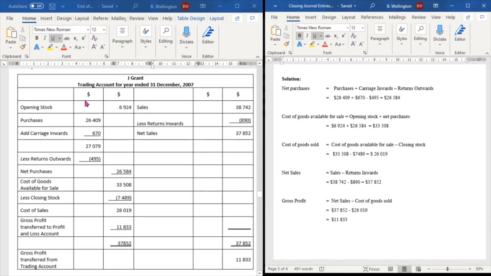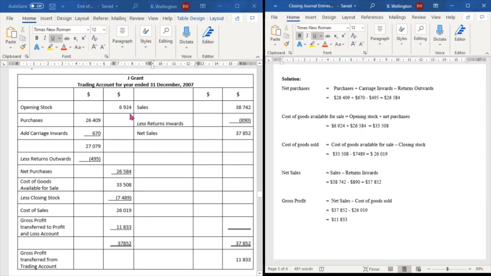Now to calculate net purchases, you're going to use this inside column to make the adjustments to purchases so you can arrive at your net purchases. And then you're going to add, remember how we added net purchases to opening stock to get the cost of goods available for sale? Okay, so let's present our trading account.